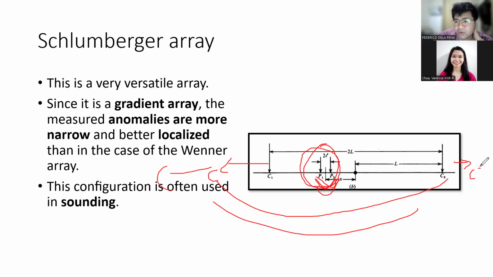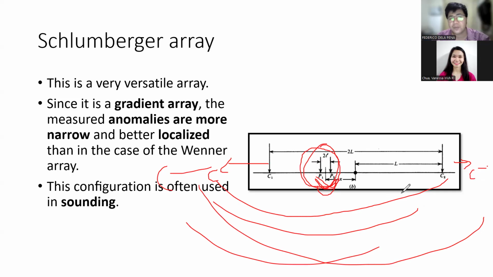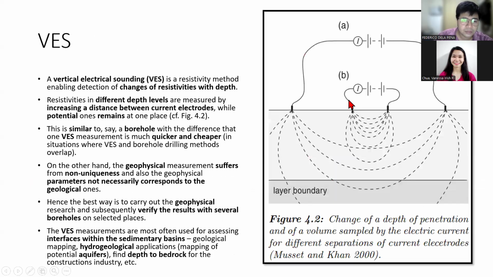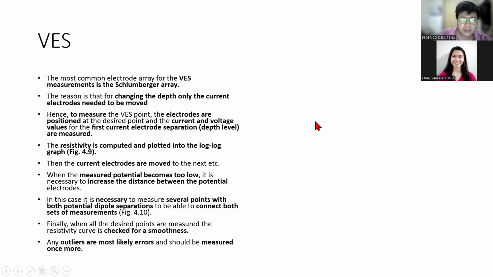Then you just move and move the current electrode so that you can penetrate deeper and deeper until you get a vertical profile of the subsurface.